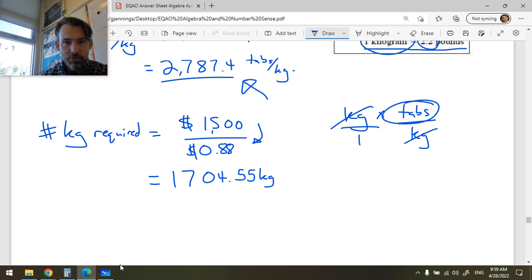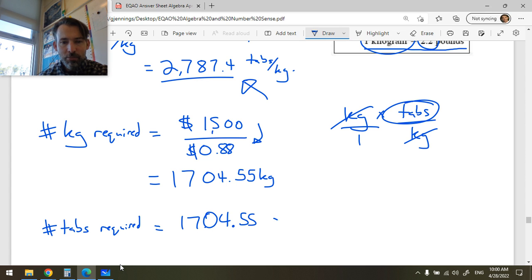So let's just mash these numbers together. I will say number of tabs required to purchase a wheelchair will be equal to 1,704.55 multiplied by 2,787.4.